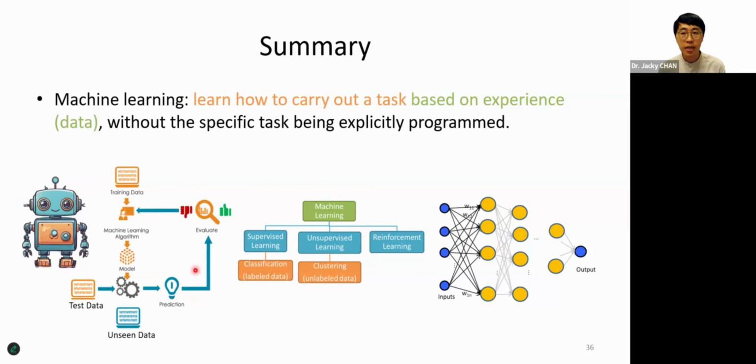We also learned the types of machine learning: supervised, unsupervised, and reinforcement, and then we learned what deep learning is. It uses many layers of artificial neural networks, and it is very powerful. In the lab sections, you will have hands-on experience on how to collect data, how to train the model, and how to use them.